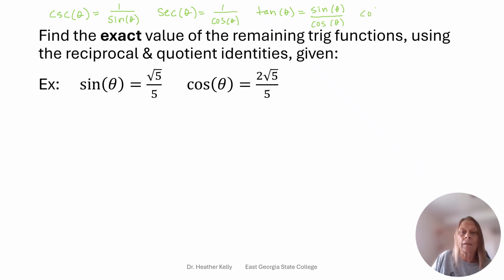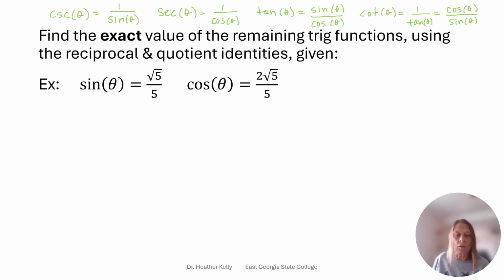And cotan theta, and we can talk about this in a couple of different ways, is 1 over tan theta, but that is also cosine theta over sine theta. That's the other thing that makes trig kind of cool, is because you can rewrite it in a whole bunch of different ways. You can kind of use it to your will to fit what you might need for a specific situation.